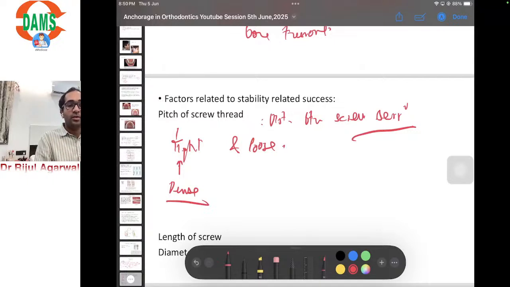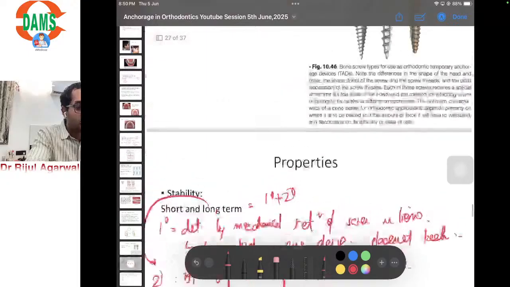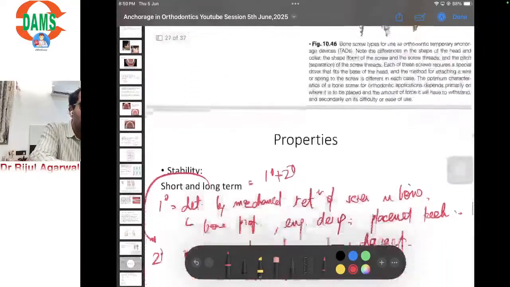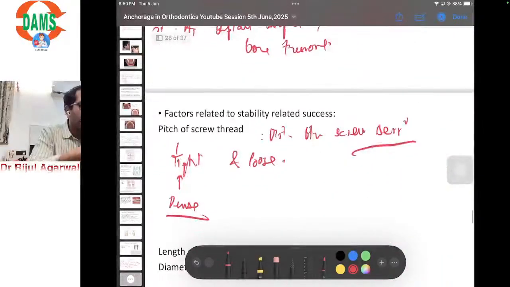That's why the makers of these TADs have a tight pitch near the head of the screw, and as you can see, the pitch becomes loose or far apart as the screw moves down, because the lower part goes inside the medullary bone and the outer part is near the cortical bone. So here the thread is tight and lower it is loose.